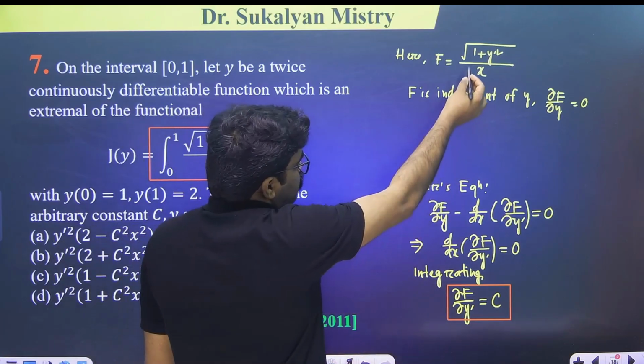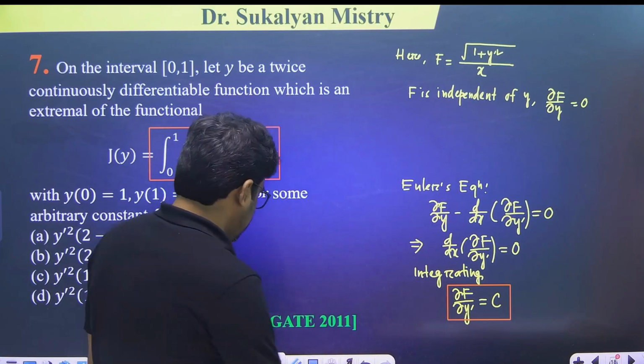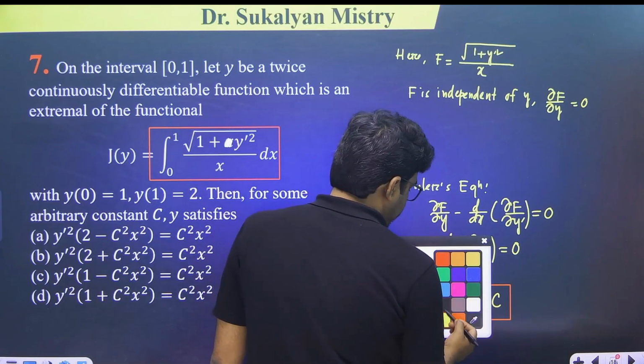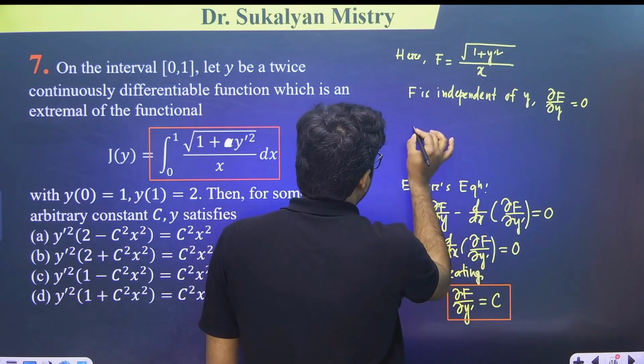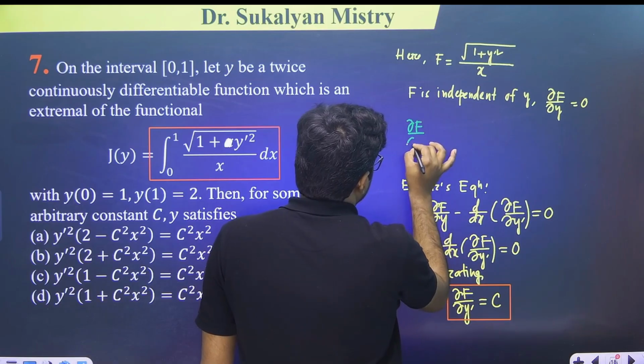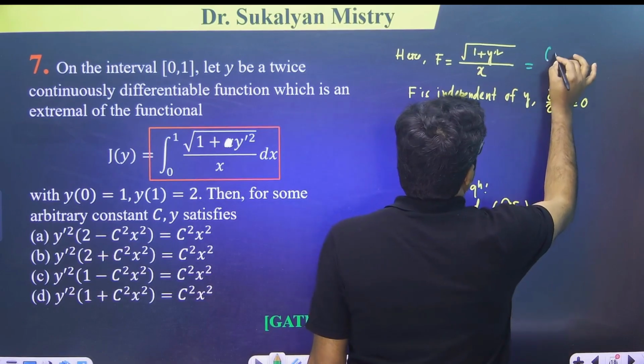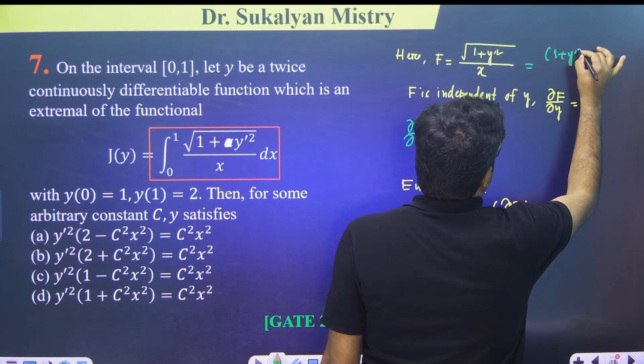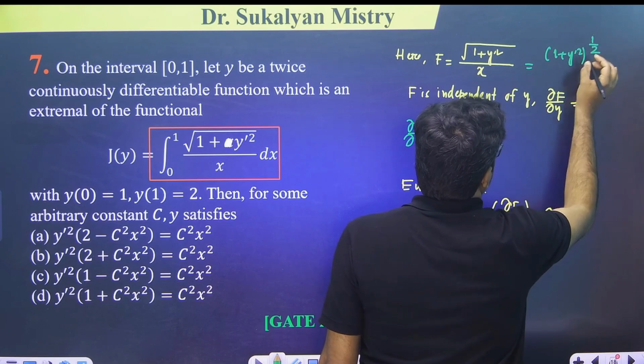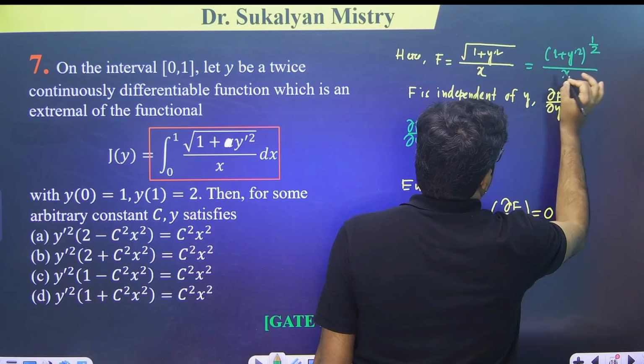So we have to calculate ∂f/∂y'. So what is ∂f/∂y'? Basically this is (1 + y'^2)^(1/2) divided by x, right?